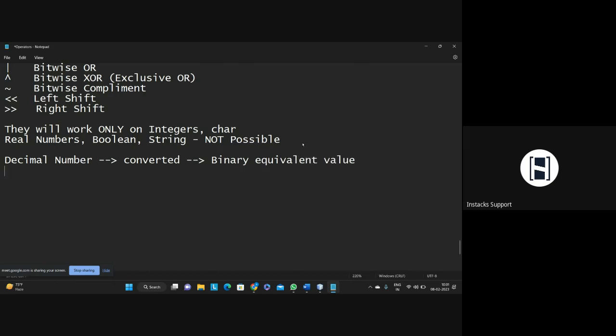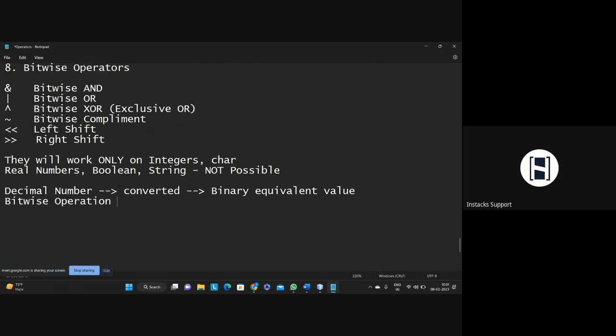Then the bitwise operation will occur. Bitwise operation means any of these bitwise operators, whichever one you are using. For all of them this is the same. Any number you give is first converted into binary, that is zeros and ones, and only then is the bitwise operation applied.